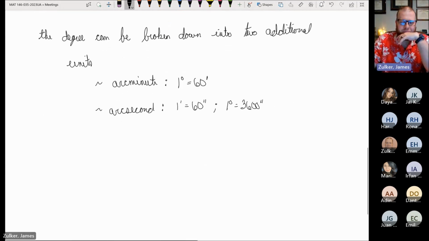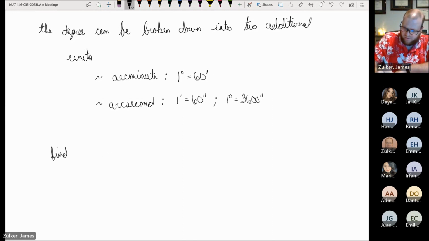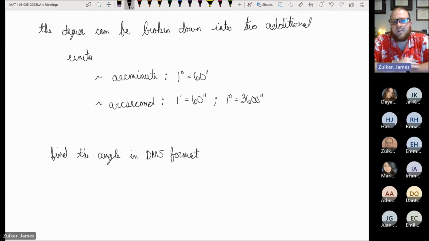So you may see something like that. Find the angle in DMS format.